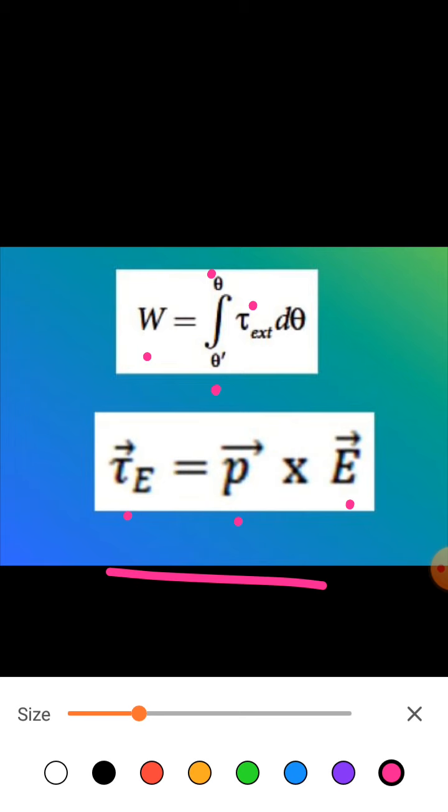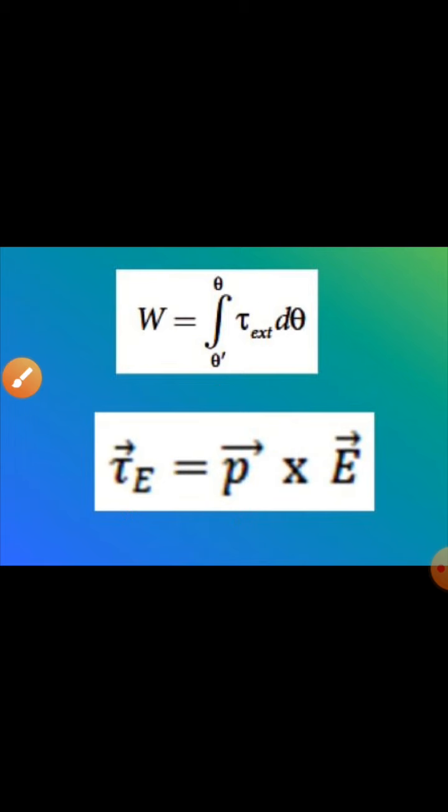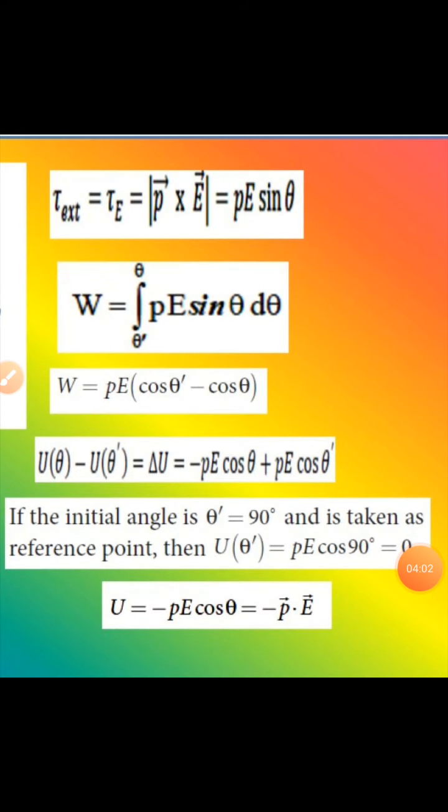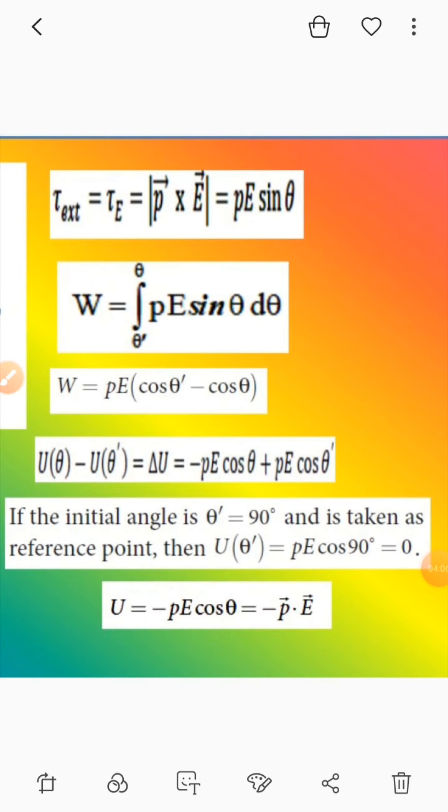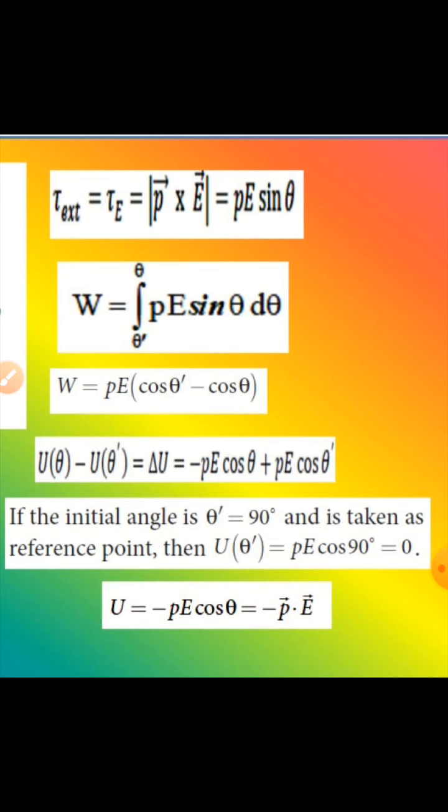Next, tau E is equal to the modulus of P vector cross E vector. This is otherwise written as P E sin theta, because the electric field and dipole moment are placed perpendicular.